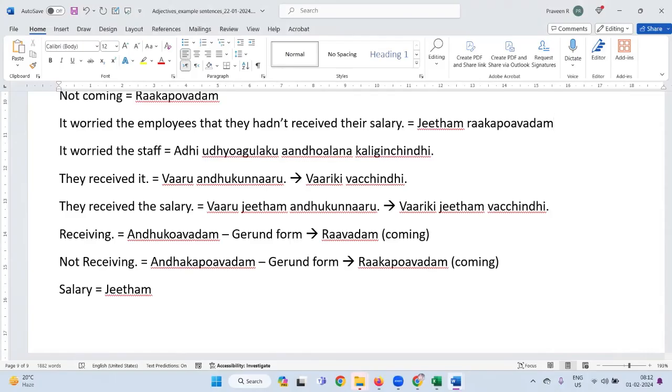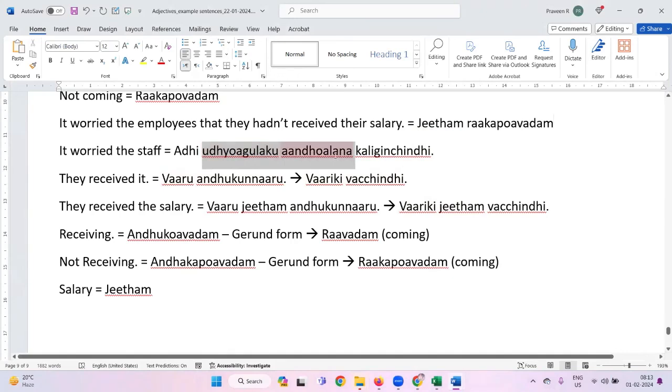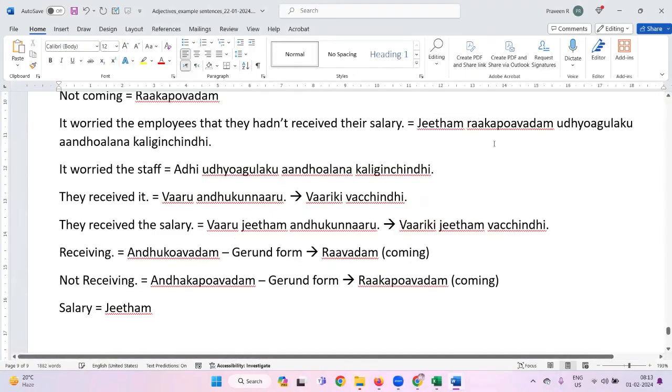Salary not received. Then అది ఉద్యోగులకు ఆందోళన కలిగించింది. Perfect. Yes, correct అండి. So జీతం రాకపోవడం ఉద్యోగులకు ఆందోళన కలిగించింది.